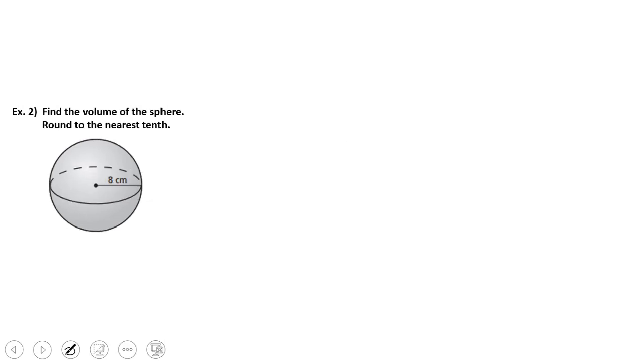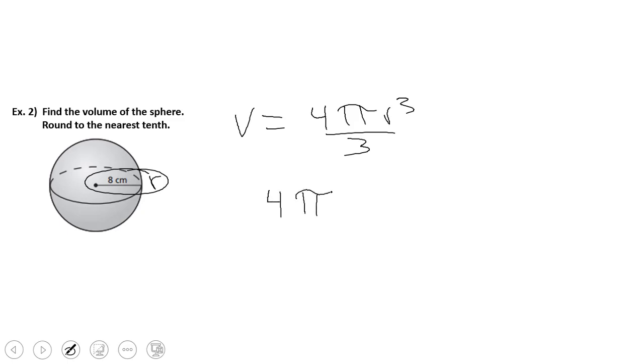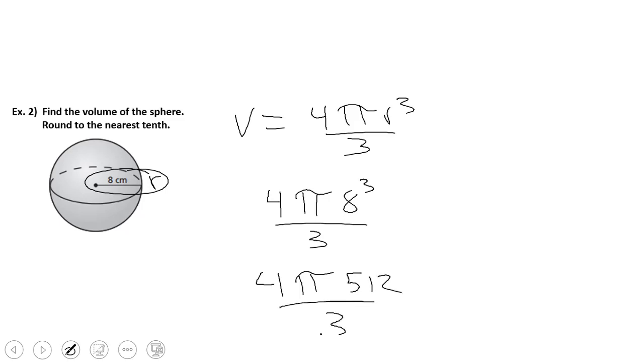Let's do another one. Find the volume of this sphere, recognizing that volume of a sphere is 4 pi r cubed divided by 3. That's 4/3 pi r cubed, and our radius being 8. So we're going to take 4 times pi times 8 cubed and divide by 3. And that's going to be 4 times pi, and 8 cubed. 8 cubed is 512 divided by 3.